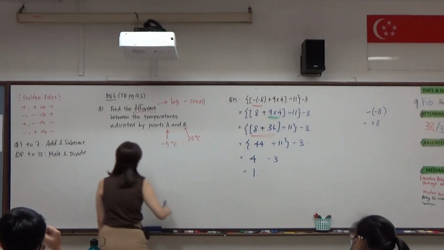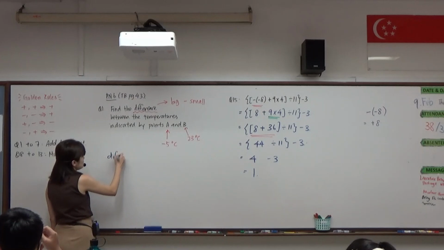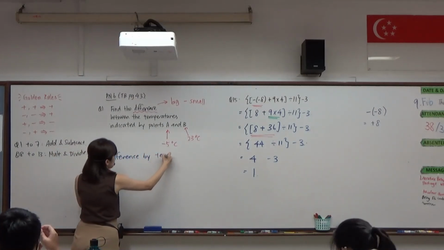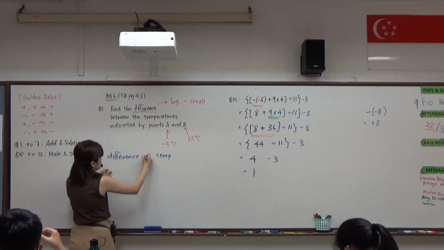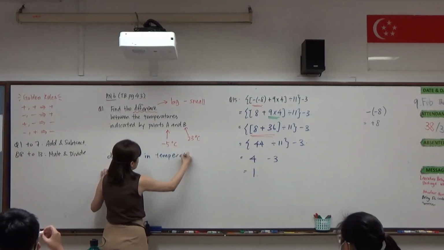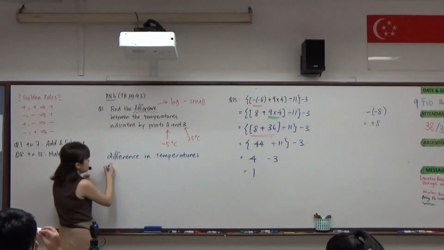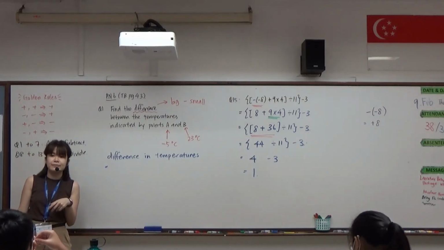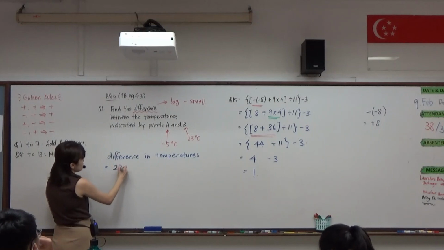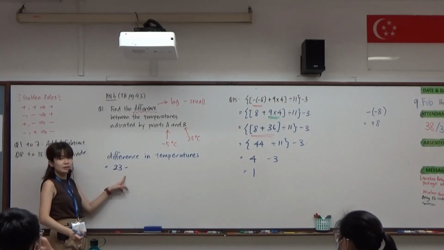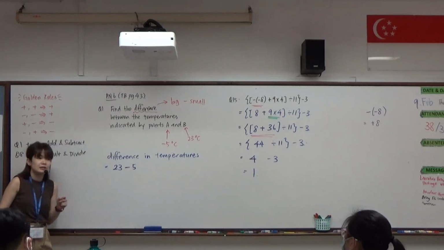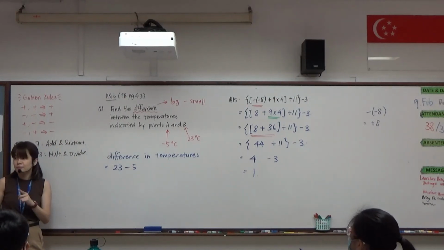Therefore, the difference in temperature, remember about presentation, need to write down these words, difference in temperature, will be equal to, which number is bigger, 23 or -5? 23, so 23 minus -5. Should we put brackets?